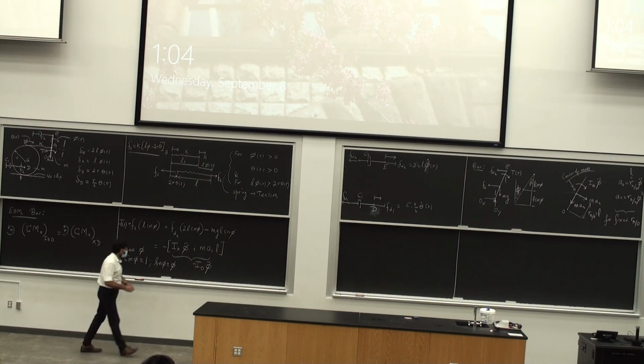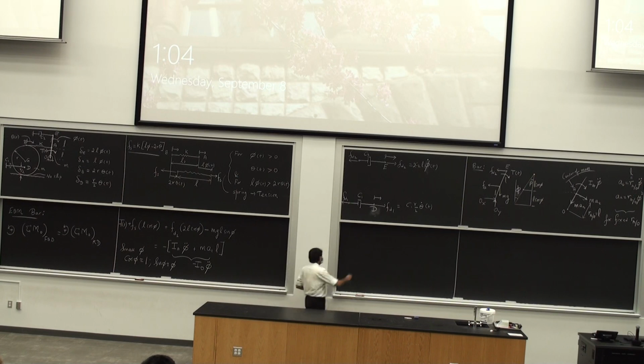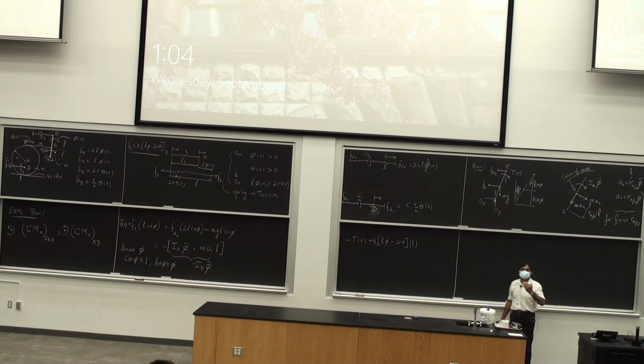Let me fill it out one more step, then move on. Minus T L phi, 2r theta times K times L, because cosine phi is 1. Okay, please note that. Then I have the damping force plus C times 2L phi dot, this is C2.